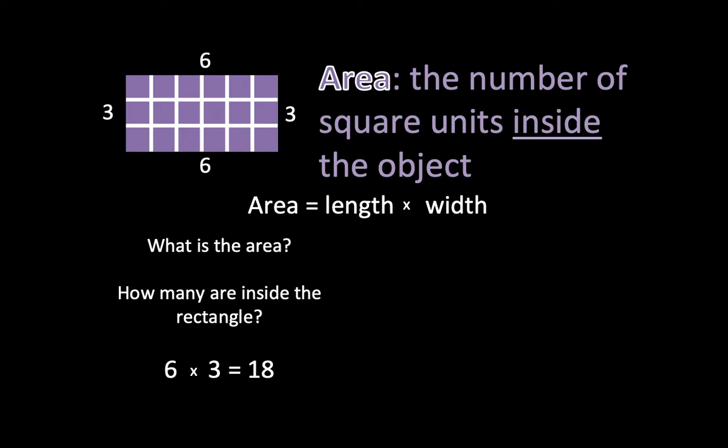If I put up 6 fingers and I count by 3s for each finger, that's 3, 6, 9, 12, 15, 18. Or I could do 3 fingers and count by 6s. 6, 12, 18. Either way, it doesn't really matter. We could look at this as 6, 3 times, or as 3, 6 times. That's up to you. So we find our answer is 18.